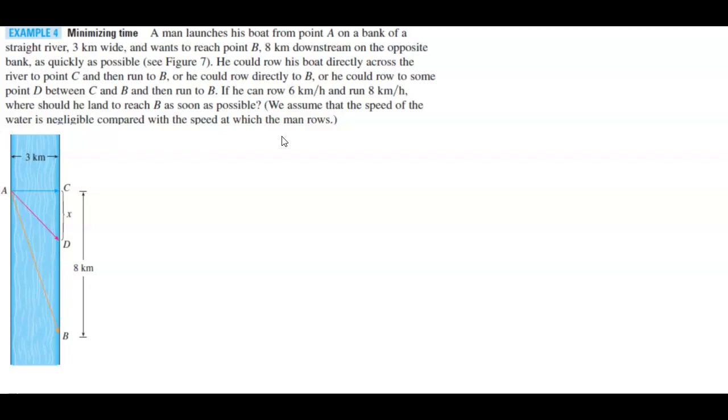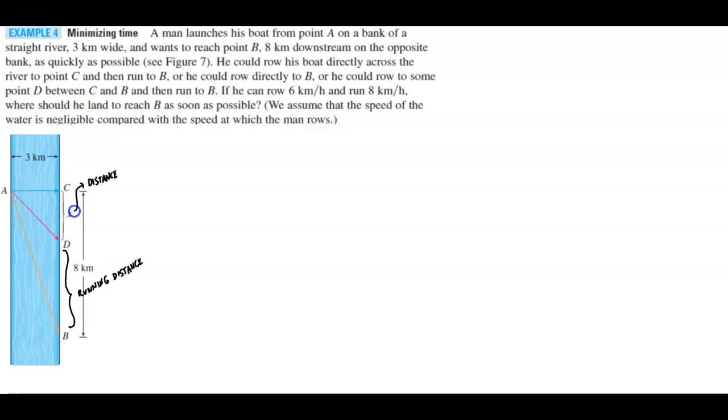Okay, so there's a few things that we need to refer to here. First, we're going to let x represent the distance between C and D. So we can see here that that represents the distance from C to D. And then the running distance is the absolute value of DB.